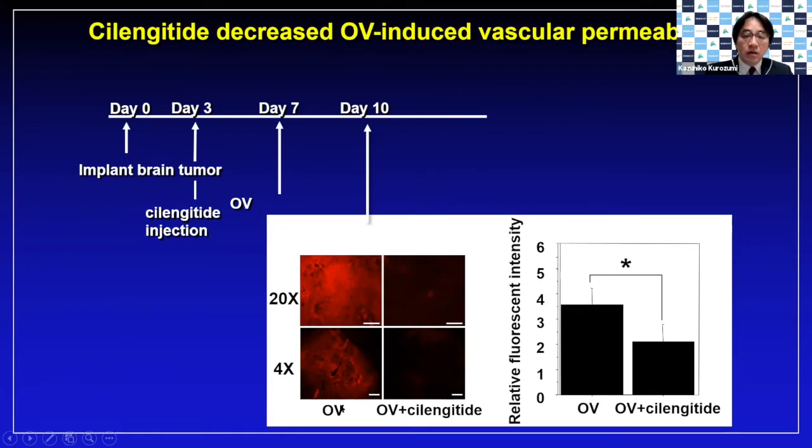At day 10, OV alone shows weakness. Instead, with OV plus cilengitide, the vascular permeability was down.